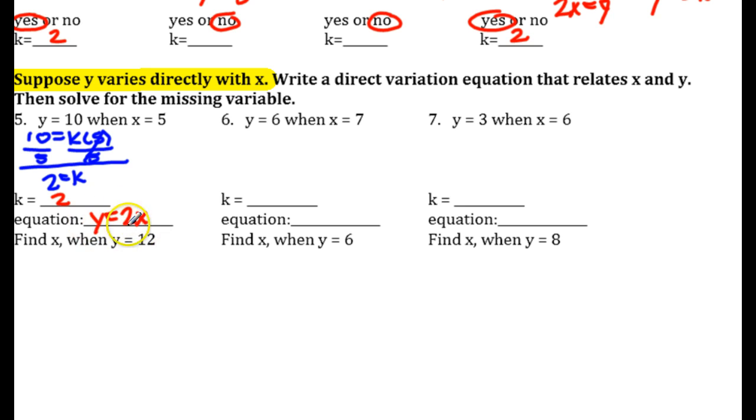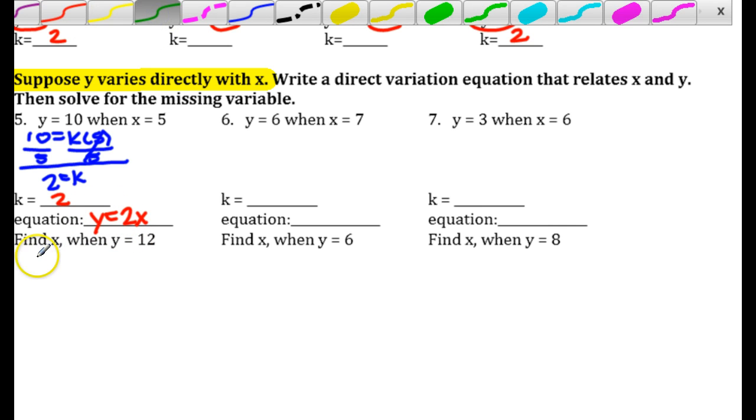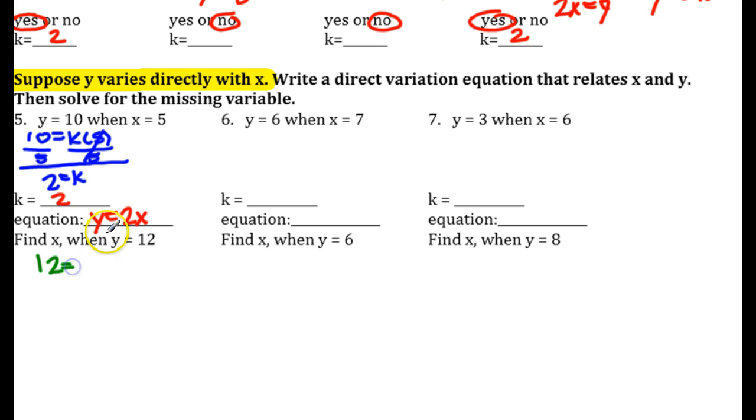So look at this equation. I'm going to plug in 12 for y. And y equals k, now my k is 2 for this equation, times x. We're finding x. And so now this is easy. I just solve for x by dividing by 2. X is by itself. 12 divided by 2 is 6.